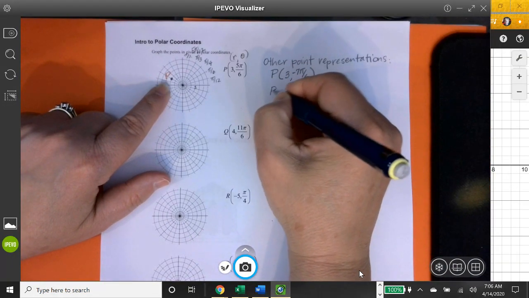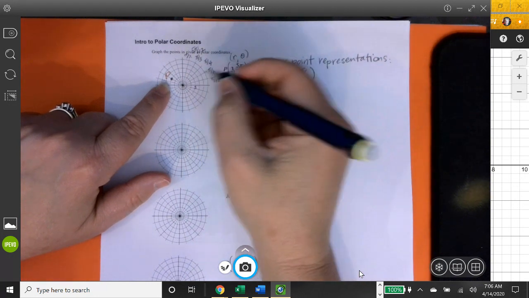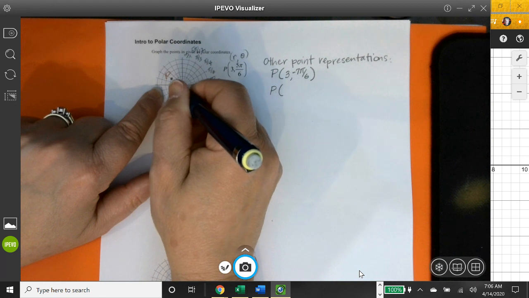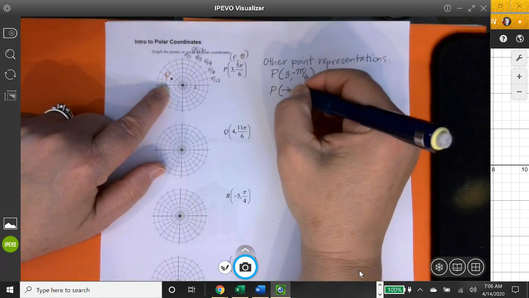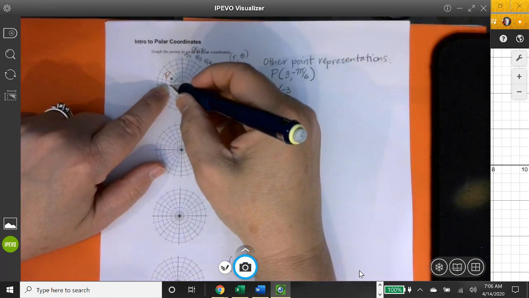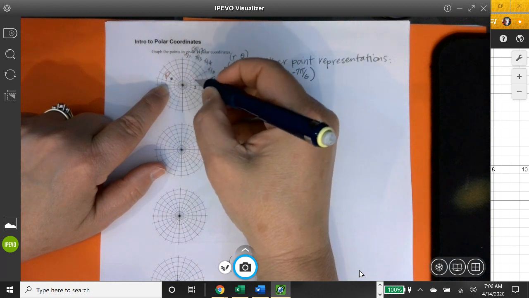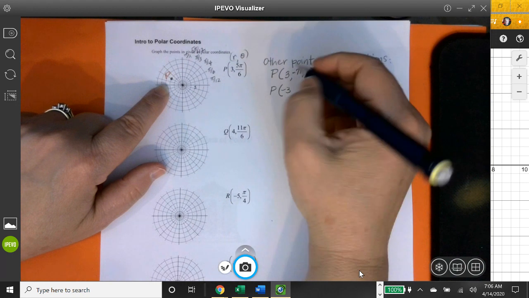All right, well, what about another point? I could have gone out radially in the negative r direction. So 1, 2, 3. So I could go to negative 3, and then I could rotate counterclockwise, which would be positive.